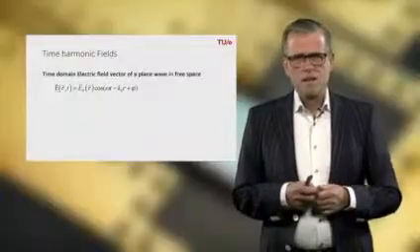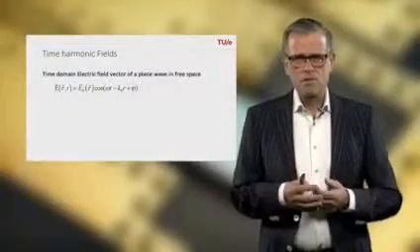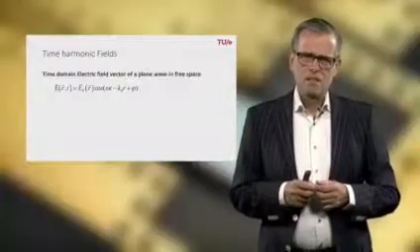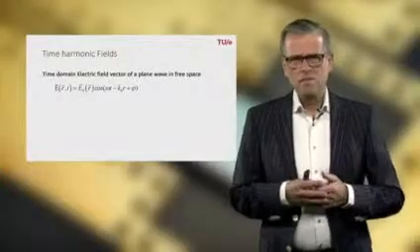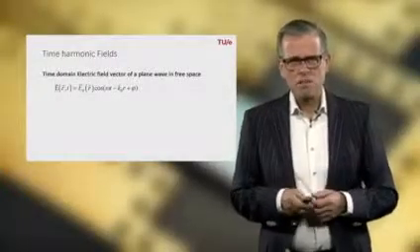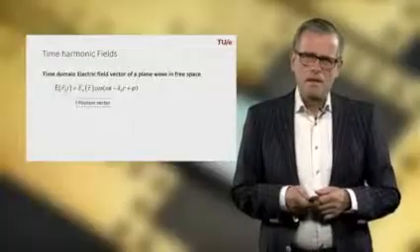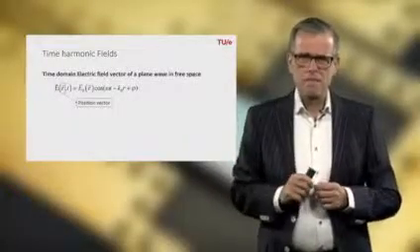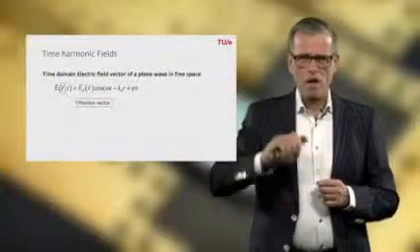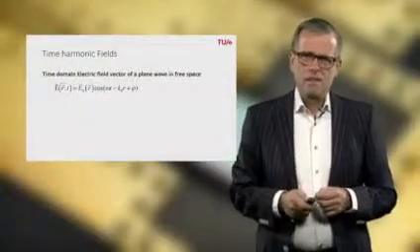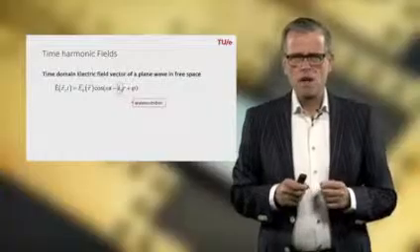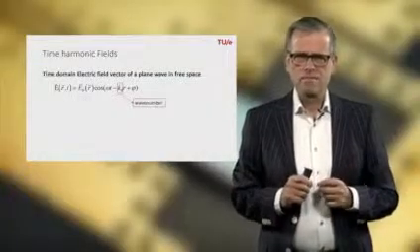So it's a certain amplitude with a direction, E naught, times cosine of omega t minus k naught dot r plus phi. r in this case is a position vector, so it indicates where we are, and k naught is the wave number, which is equal to 2 pi over lambda, over the wavelength.